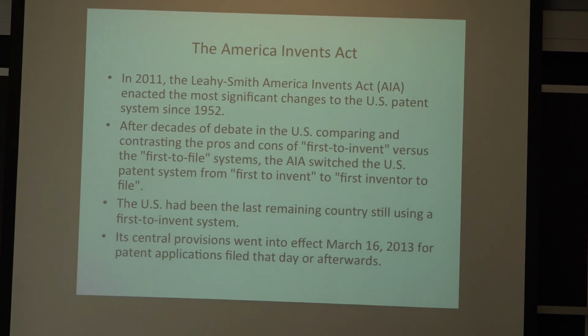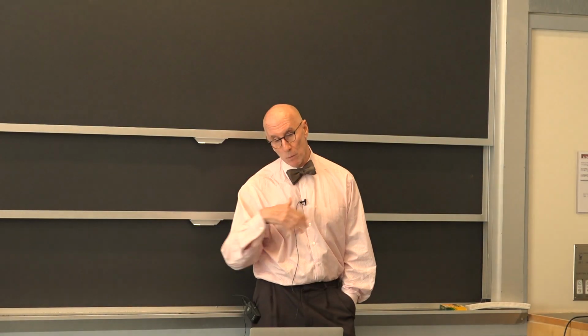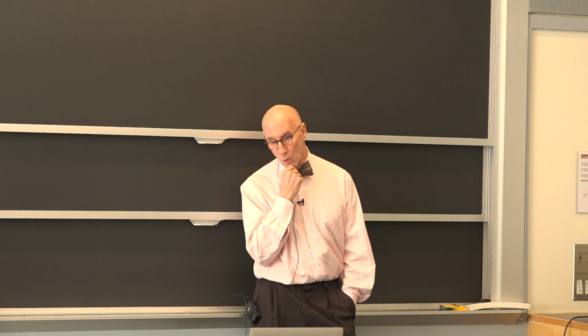Nowadays, if you're not the first to the patent office, you don't get intellectual property protection. And that's the way the rest of the world has been running things, and we finally joined the rest of the world in 2012.